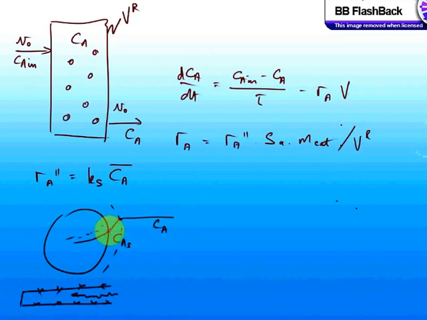First of all, on the surface itself, there exists this concentration here, CAS. So we can say there exists a surface reaction rate for A, and that reaction rate at equilibrium must be the same as the transfer rate of A across that film.